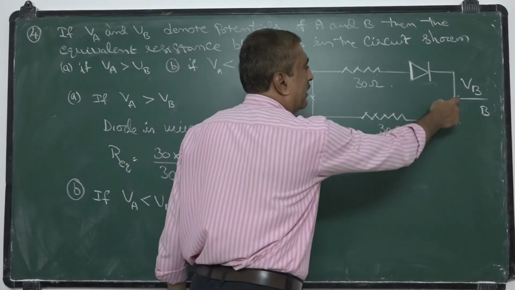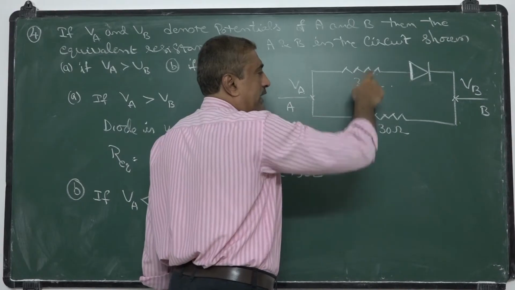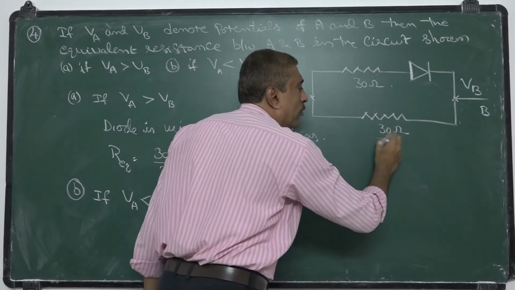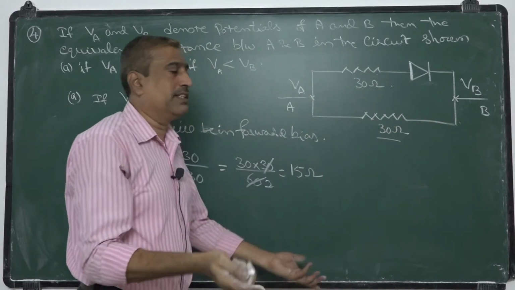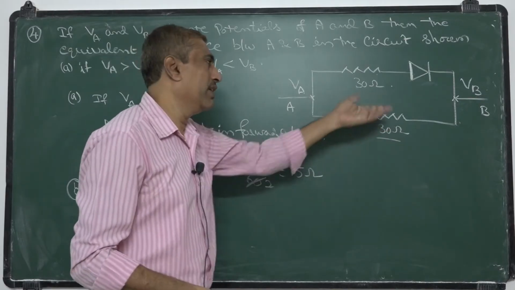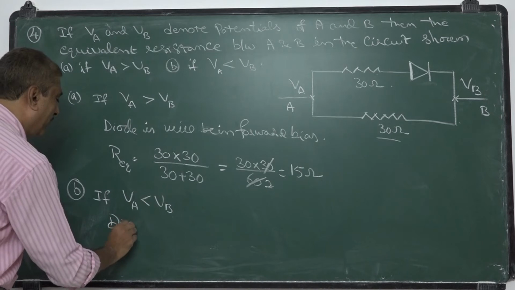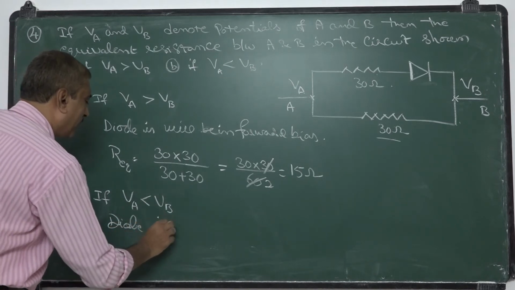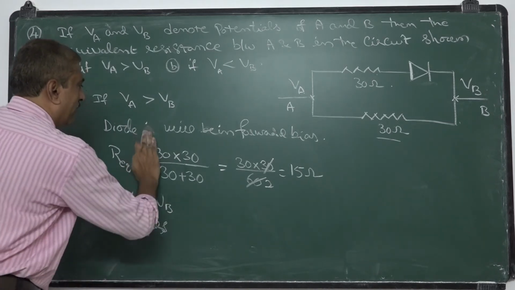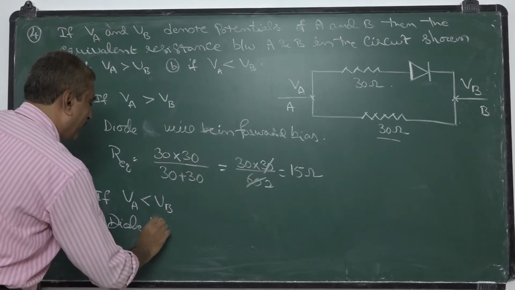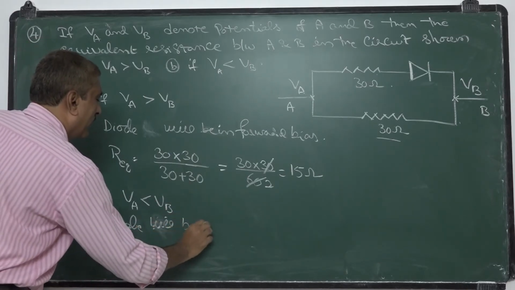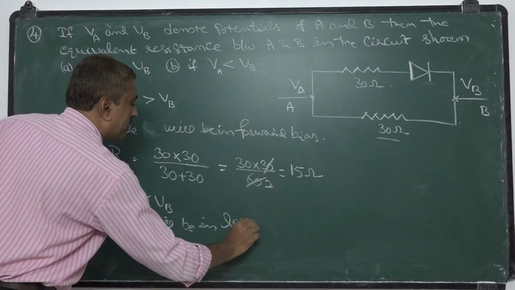That means current won't flow through this diode. That means current only flows through this 30 ohm.